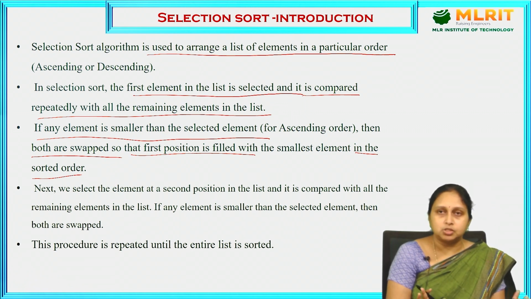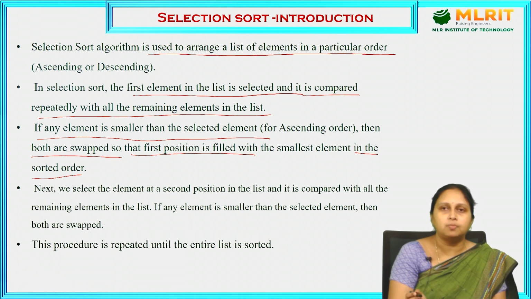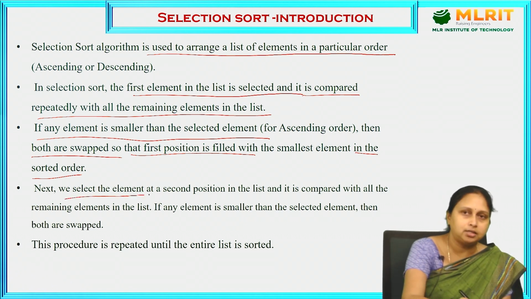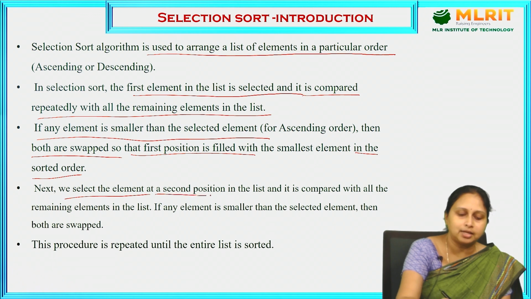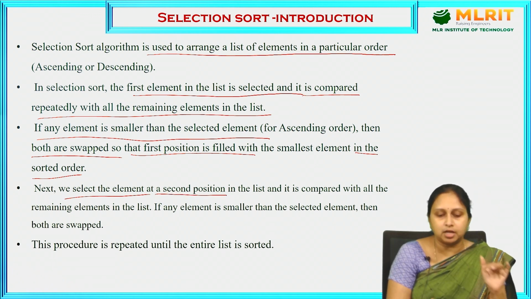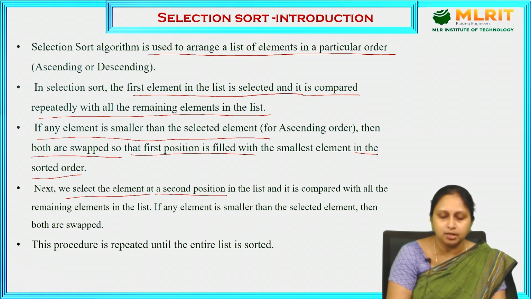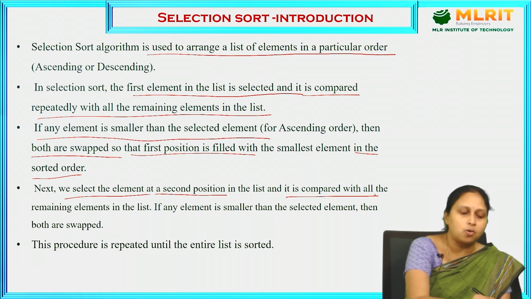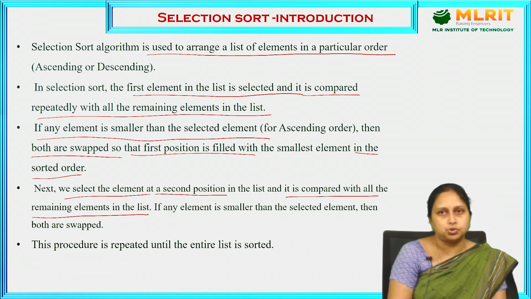After the element is found smaller, we need to perform the swapping. Next, we select the element present at the second position in the list. It is compared with all the remaining elements in the list.